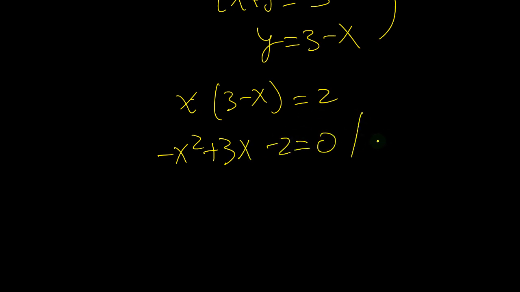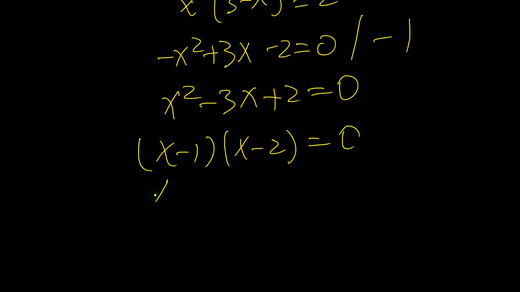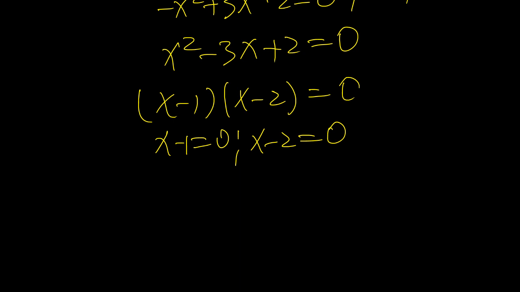Multiplying all by -1, we have x squared minus 3x plus 2 equals 0. And then what we get from here is that (x minus 1), which multiplies (x minus 2), equals 0. So x minus 1 is 0, and x minus 2 is 0. So from here we get that our x1 is 1 and our x2 is 2.